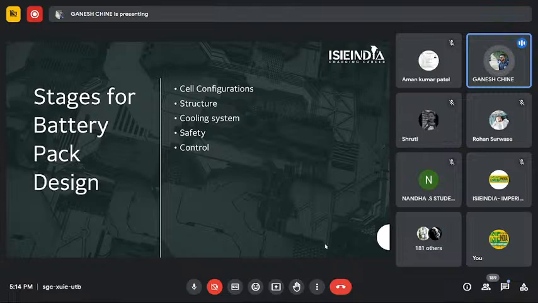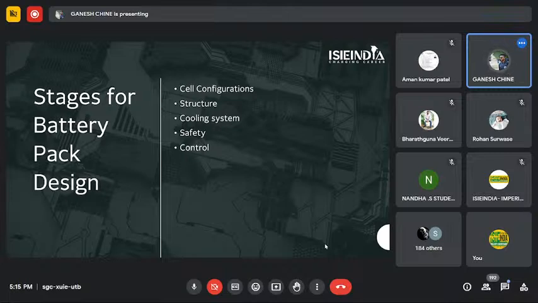Suppose we require high voltage, in that condition we use the cells in series combination. And suppose we require high capacity, at that time we use them in parallel structure. That's why we use that theory to fulfill our requirement.